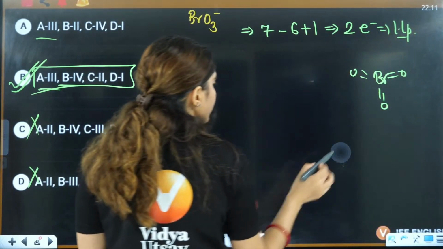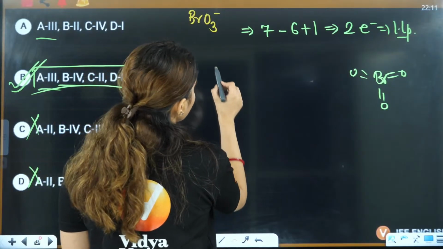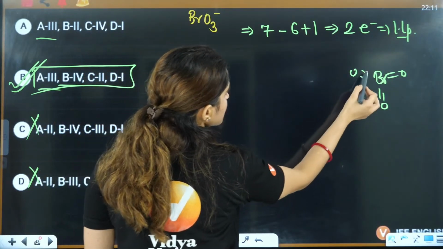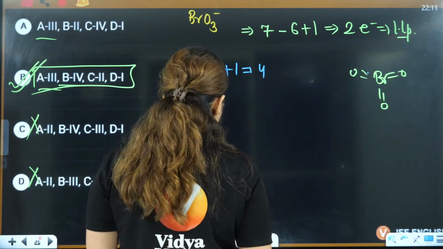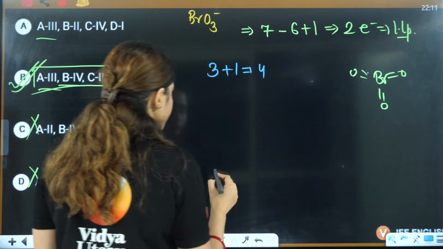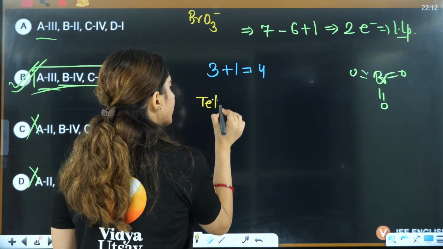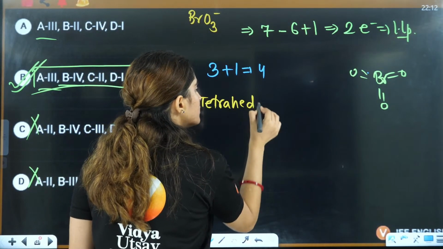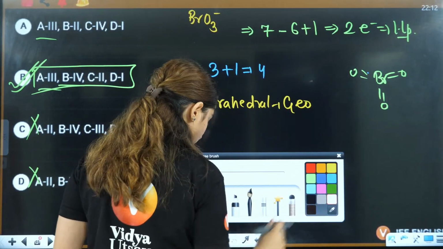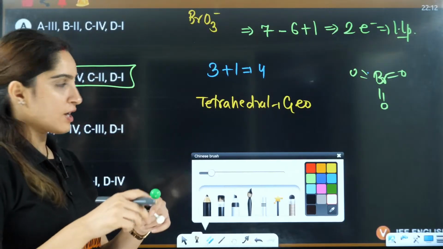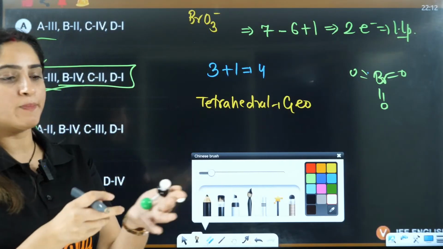So what we'll do here, this will be bond pair, how many sigma bonds, 3 bond pairs plus 1 lone pair, it is 4. So it is going to show you tetrahedral geometry, but shape is going to be, if you see this, tetrahedral, you have 1 lone pair, the shape is pyramidal.